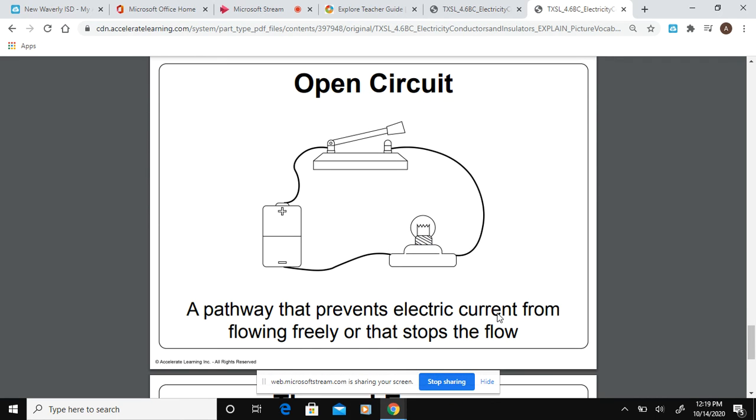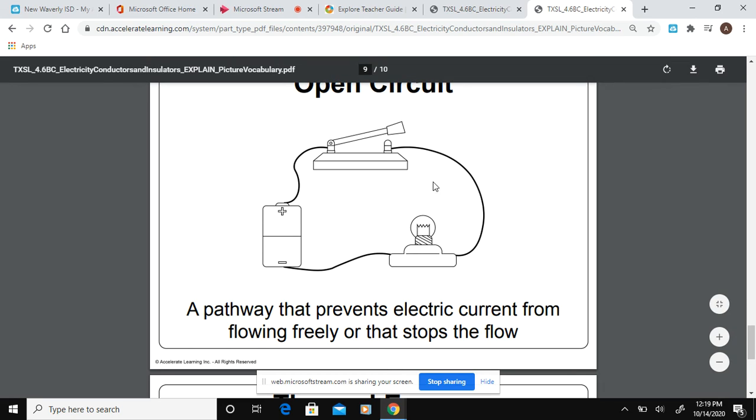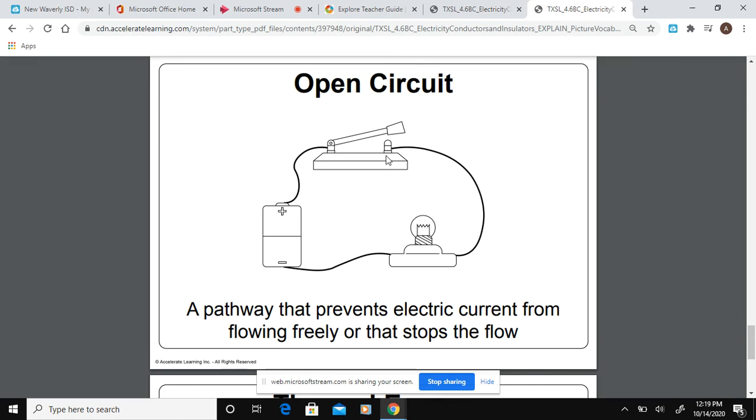Next is open circuit. An open circuit is a pathway that prevents electric current from flowing freely, or that stops the flow. We can see in the picture the stop of the flow. It has that break, so it does not come down to where it can start the charge itself.